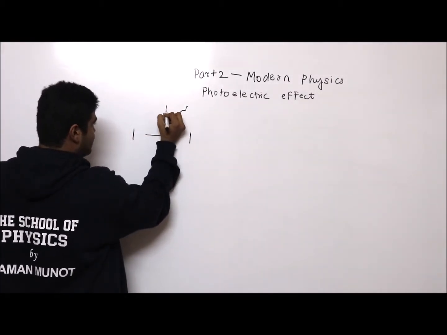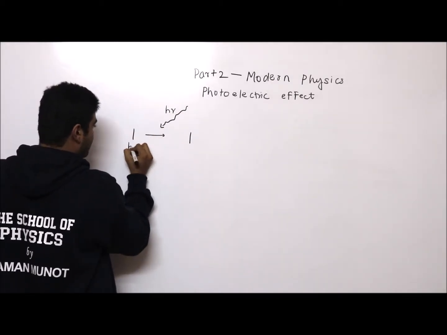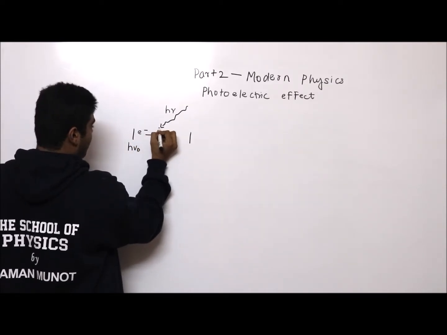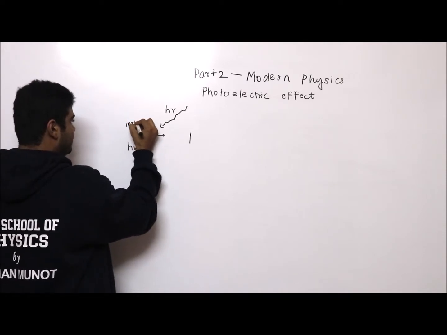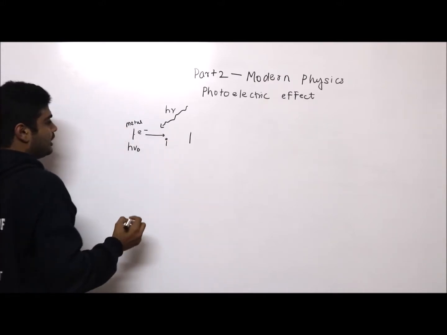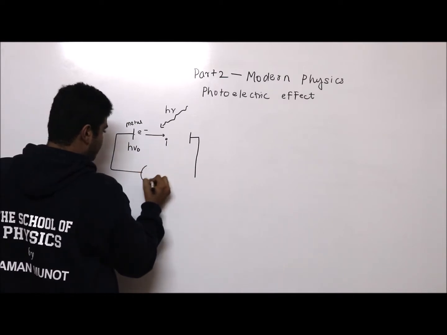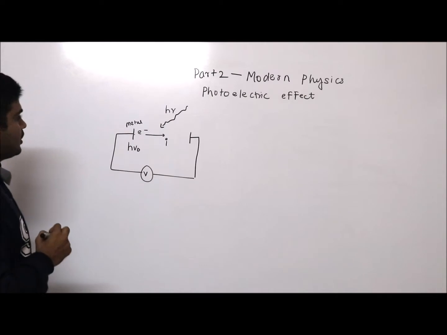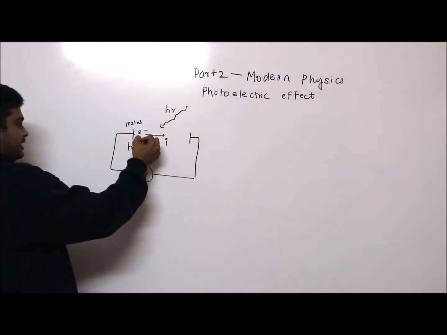This sunlight has some energy h nu, and h nu naught energy is absorbed, and then when this light falls on this metal, the electron goes from here to here, and this is the photoelectric current. And then we have a voltmeter here, using which we regulate the voltage.